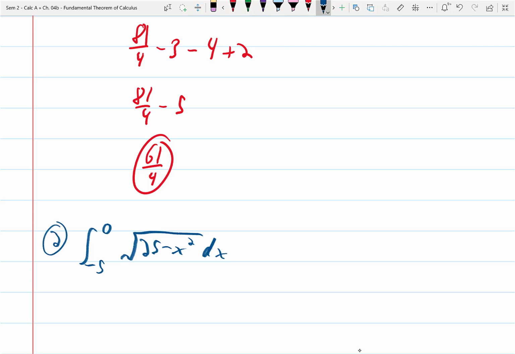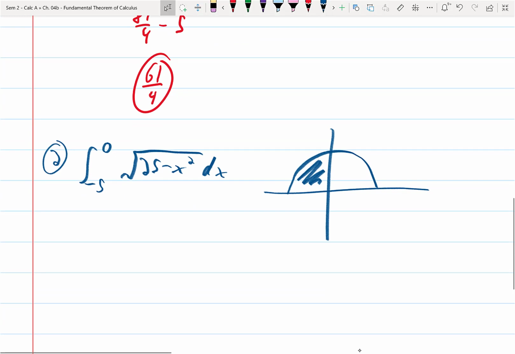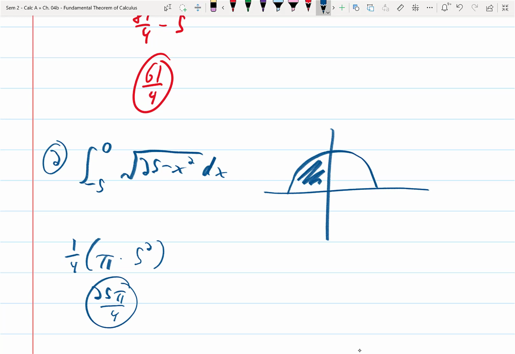I told you guys that we will not be using U substitutions or any other substitution methods for a semicircle. This is just a quarter circle centered at 0, 0, and I'm asking for the area of this thing. 1/4 of a pi r squared. 1/4 pi times 5 squared, or 25 pi over 4.